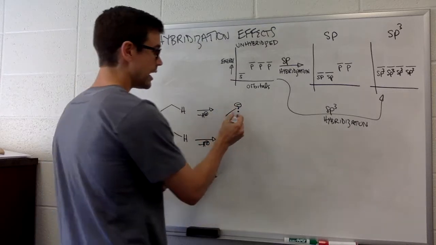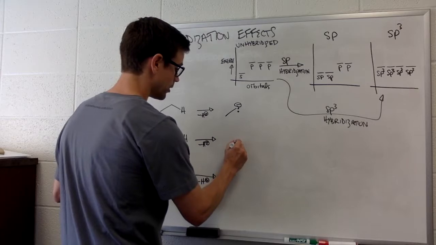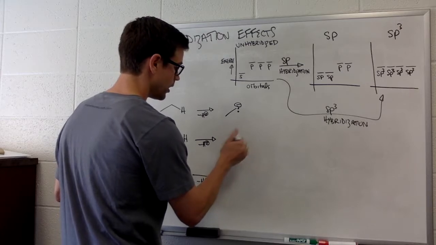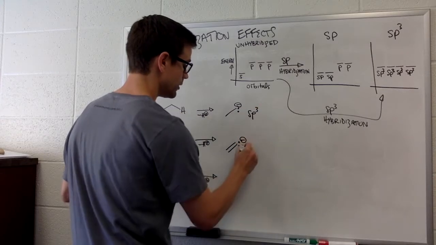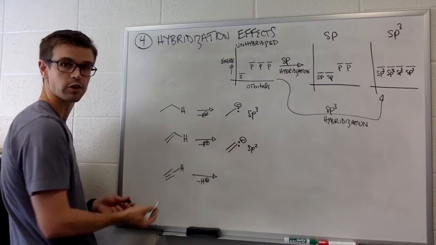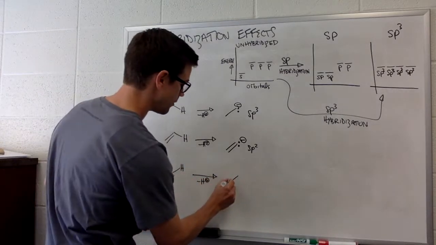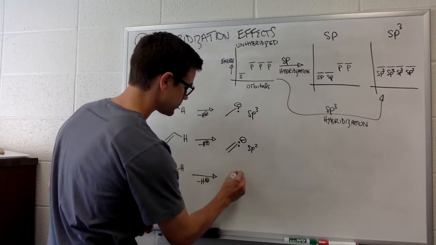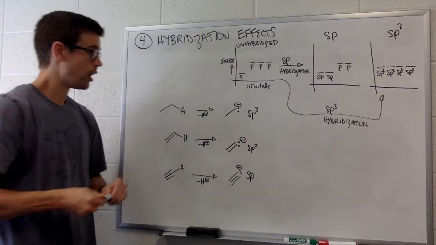It's going to be in an sp3 orbital. We would have a lone pair on this hydrocarbon that would be in an sp2 orbital, and if we have a base that removes the proton from this alkyne, we would have the lone pair and the negative charge in an sp orbital.